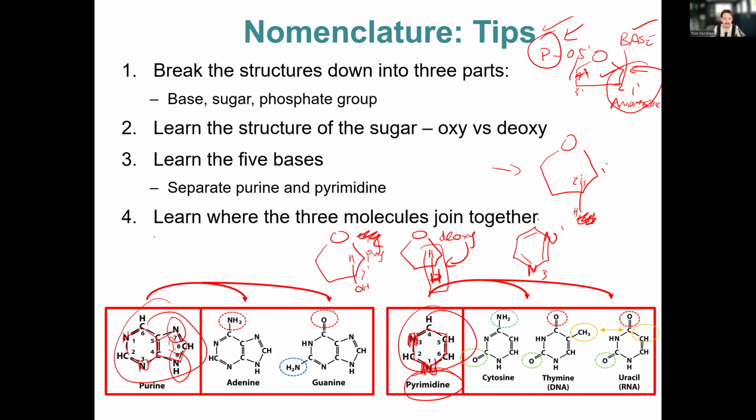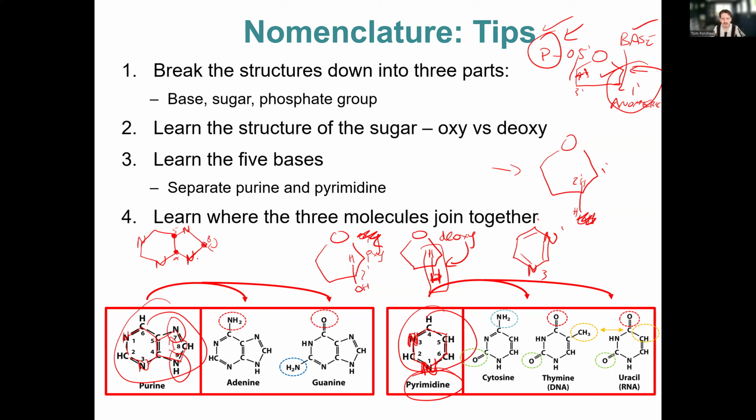And then for the purine, it's a similar kind of thing, except you want to add this extra ring on there, and positions 4 and 5 are these ones here, and the nitrogen is going to be opposite them with position 8 in between.